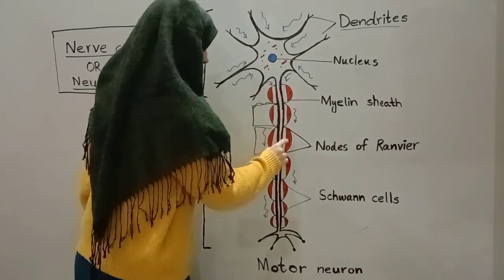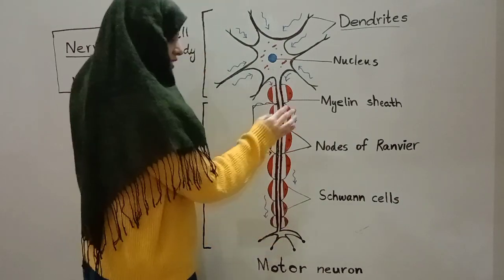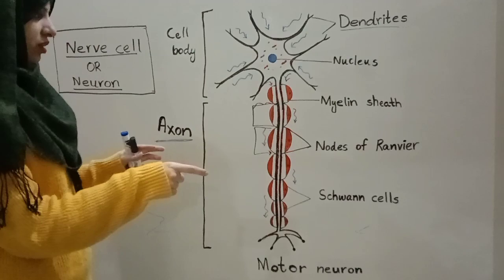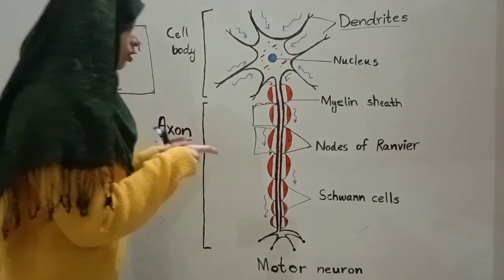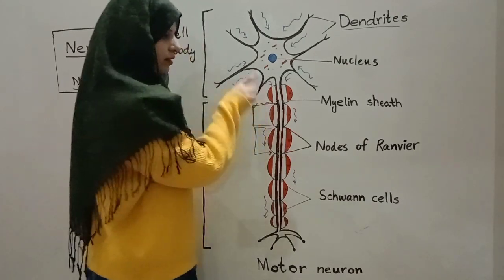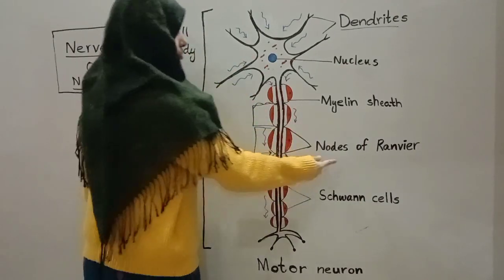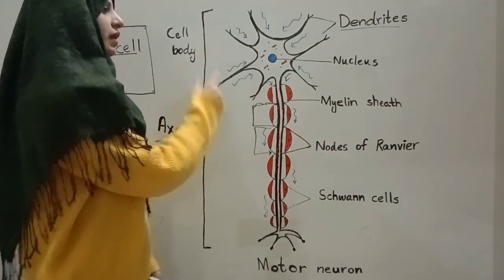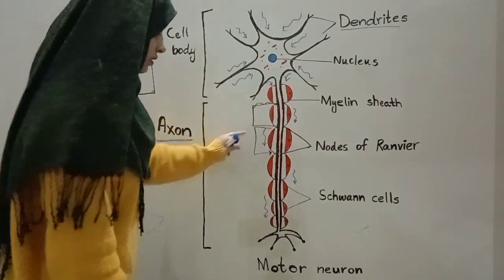There are Schwann cells present at regular intervals. They excrete a fatty layer called the myelin sheath. The myelin sheath does not conduct nerve impulses. There are points which do not contain myelin sheath, called the nodes of Ranvier, through which nerve impulses can move by jumping from one node to another.